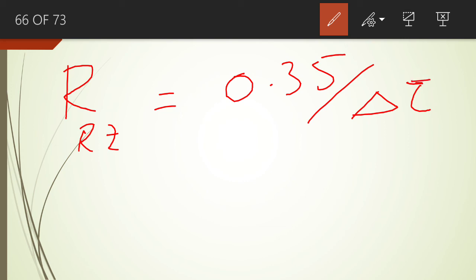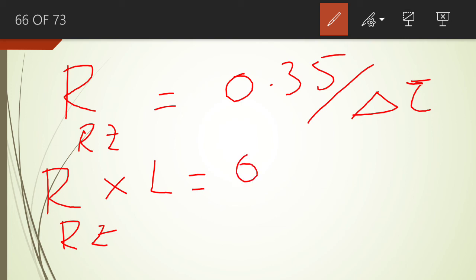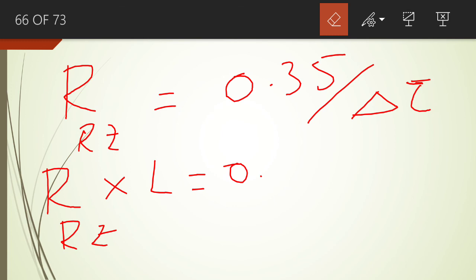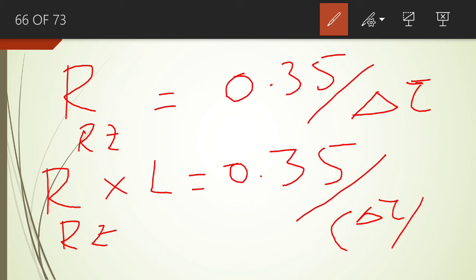But the question says to calculate RZ, this is return to zero signal, into L, so it will be equal to 0.35 divided by delta T by L, and this delta T by L is 2.2 nanosecond.